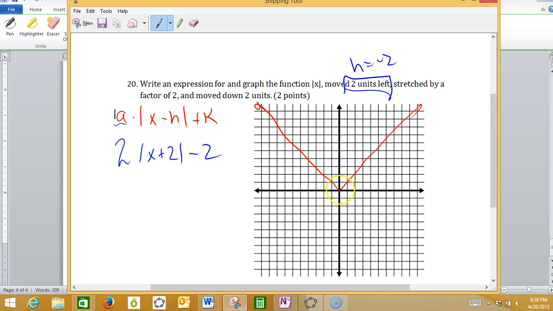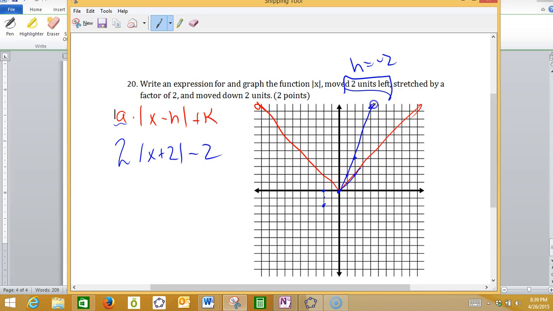If you think about this, this point is going to go 2 units to the left, 1, 2. It's going to go down 2 units, and then if we stretch this, instead of having a slope of 1, does it make sense we're going to have a slope of 2? So over 1 instead of up 1, we go up 2. Over 2, now we go up 4, right?